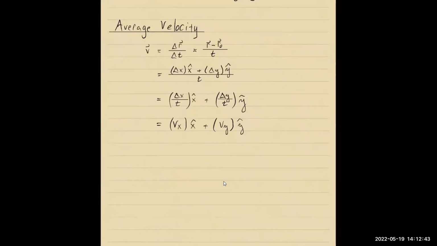Now I'm going to rewrite the things that I've just defined here. Our average velocity in the x direction is just our displacement in the x direction divided by the elapsed time. And our average velocity in the y direction is equal to our displacement in the y direction divided by time.